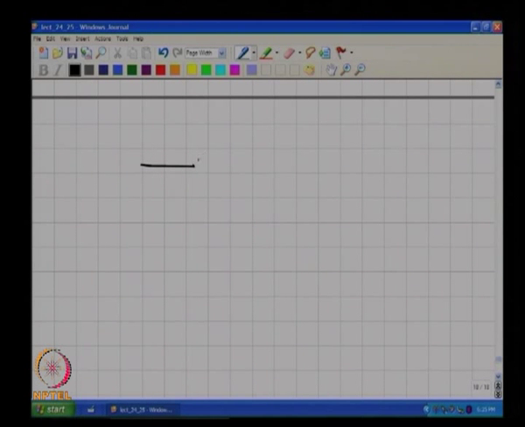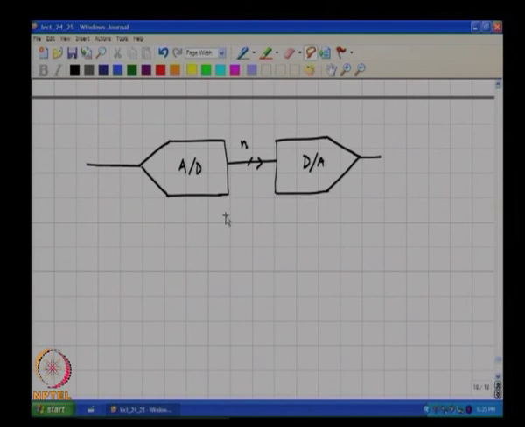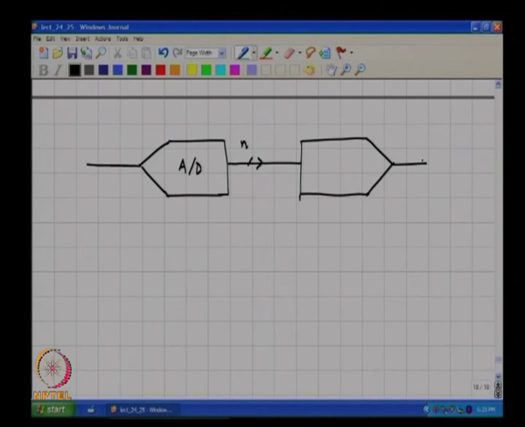So, please recall again, before we go into the nitty-gritty of this, that the quantizer is a cascade of the A to D and a D to A converter. All right.